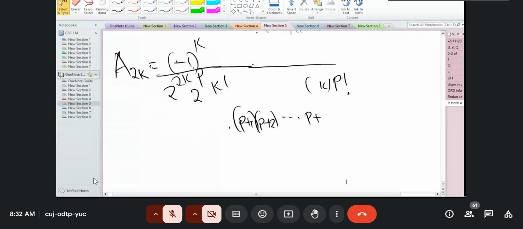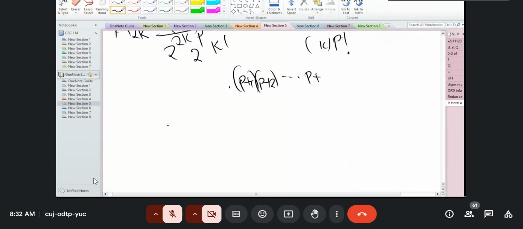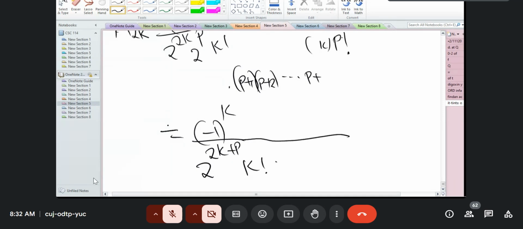The base is the same. We can combine the powers. So this is minus 1 raised to power k divided by 2 raised to 2k plus p times k factorial. Then we have p plus 1, p plus 2, p plus k, p factorial.